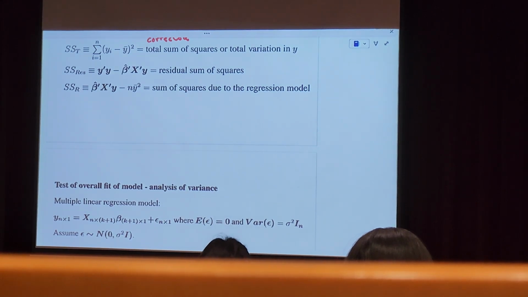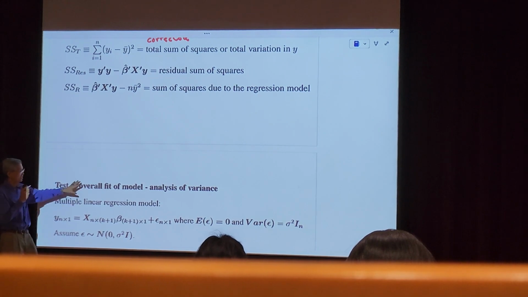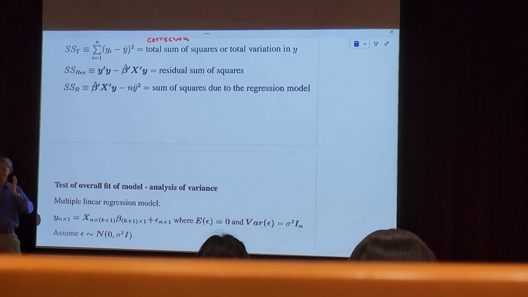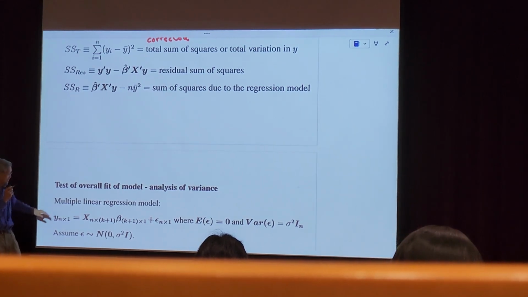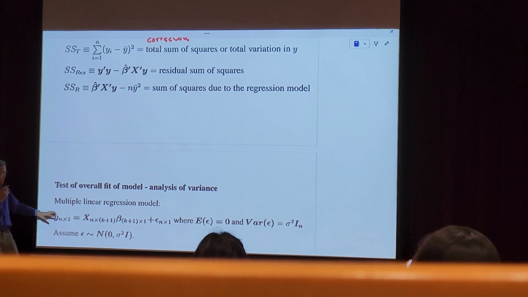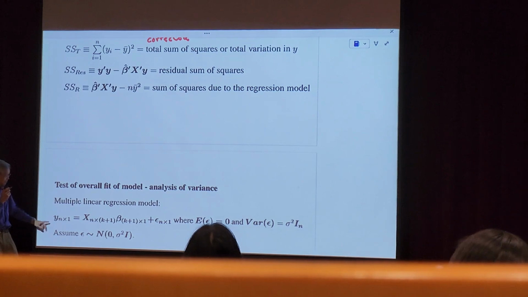So let's take a look. We have decomposed the variance. Now I want to know how I can test the overall full model. Is it appropriate? So let's start with the multiple linear regression model again.